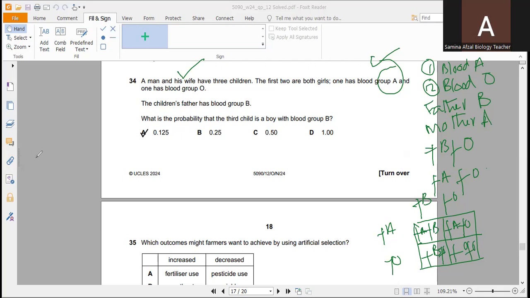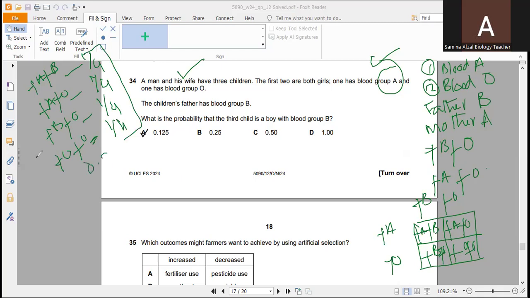For example, blood group AB has a possibility of 1 by 4, blood group A 1 by 4, blood group B again 1 by 4, and blood group O 1 by 4. It means they all have equal possibility, and 1 by 4 means 0.25.